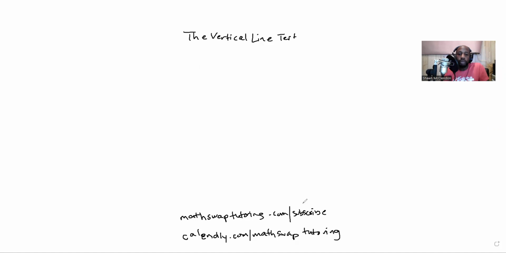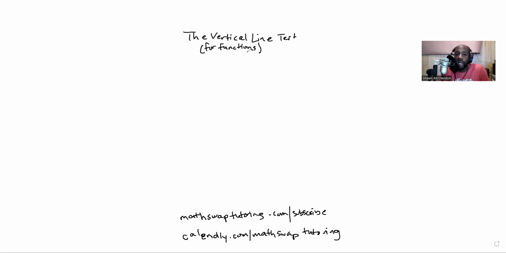Anyhow, so we're talking about what's called the vertical line test, and this is for functions. If you watched previous videos on functions, keep in mind functions aren't just a calculus thing. This is something you start learning about in Algebra 1, but it becomes extremely important in Calculus 1.